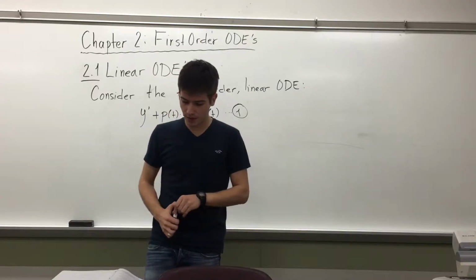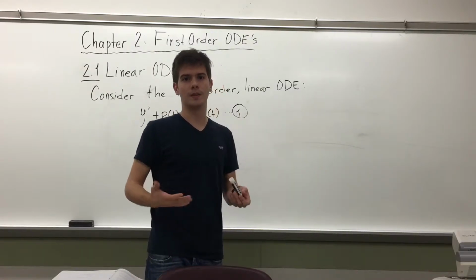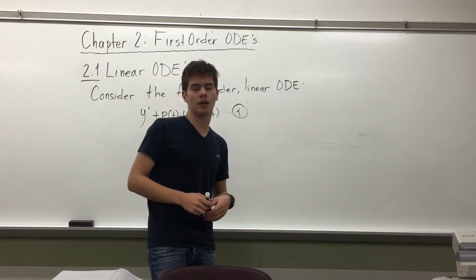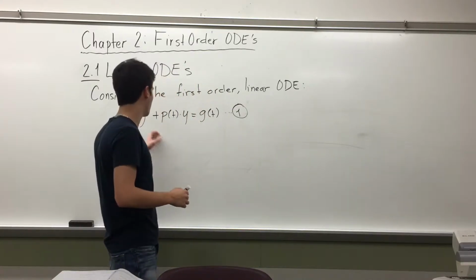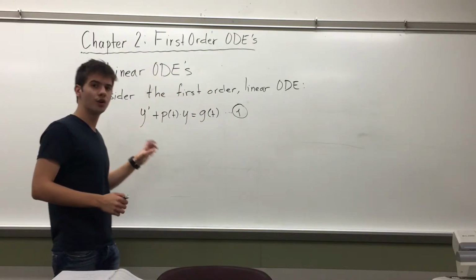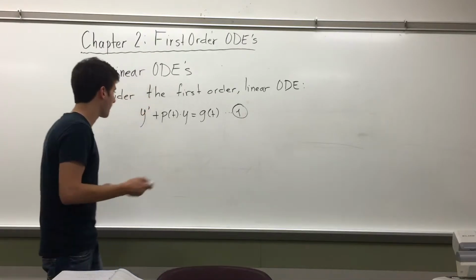Well, there was this very smart guy called Leibniz who discovered a specific function that if you multiply your differential equation by it, you're going to be able to solve it.